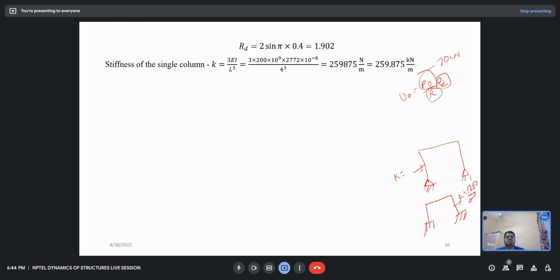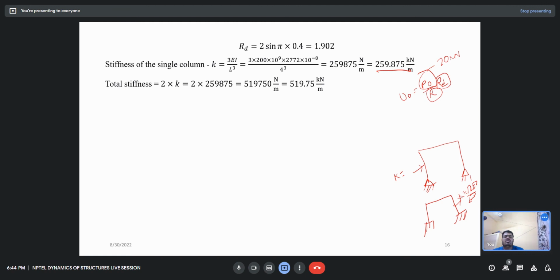E is given as 200 into 10 raised to power 9, and I is 2770 into 10 raised to power minus 8. The length, meaning the height of the column, is 4 meter. So the stiffness comes out to be around 260 kilonewton per meter. This is for a single column. I have two columns, so the stiffness will be multiplied by two.